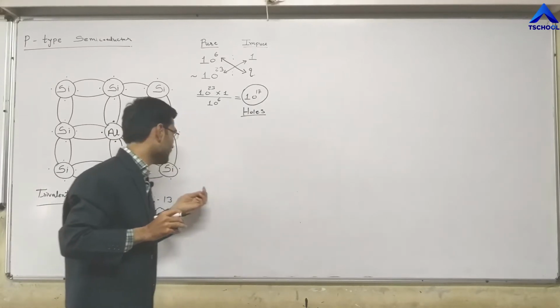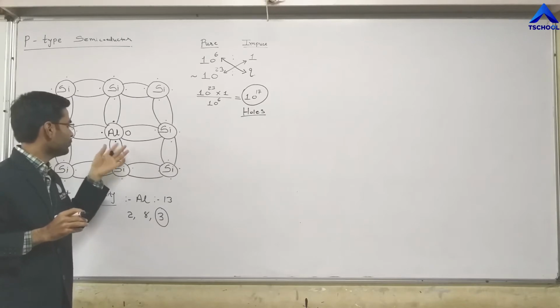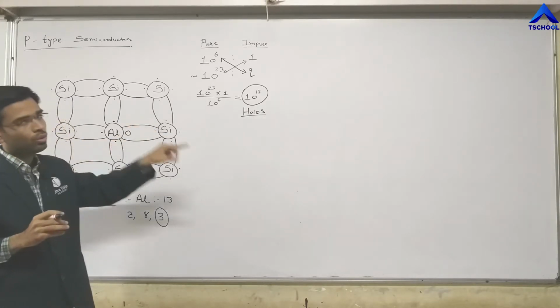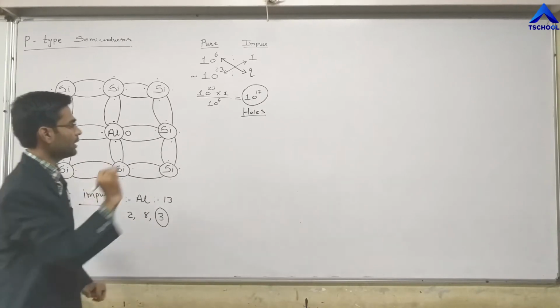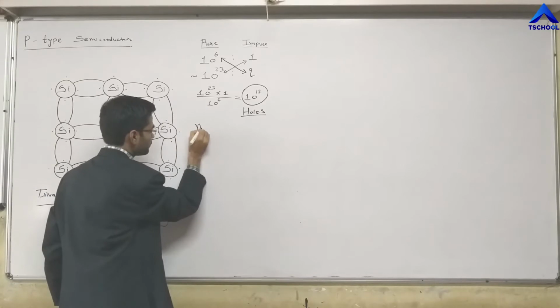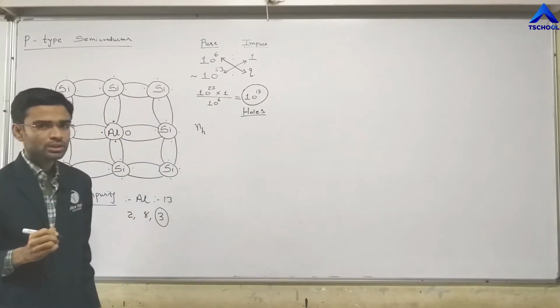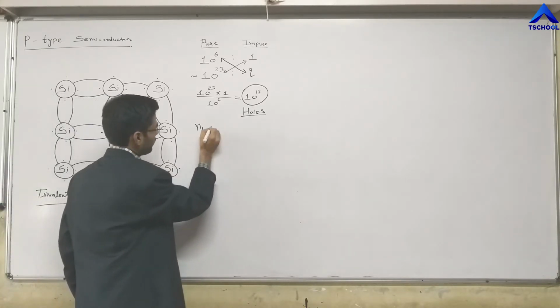Whenever we increase the temperature, the electrons which become free from the covalent bond are trapped inside the holes. Means in the p-type semiconductor, the number density of holes is much greater than the number density of electrons.